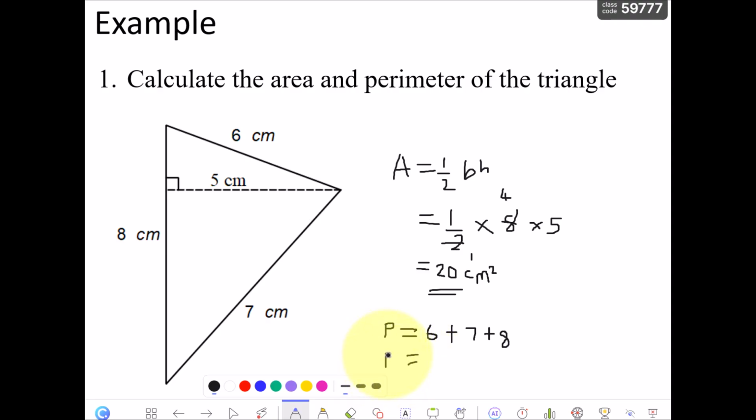This will give us 13. Then we now have 13 plus 8. So this one will give us 21. So take note of that. 6 plus 7, 13. 13 plus 8 will give us 21. Don't forget, perimeter does not have square. It's just cm. It's a single length. So this is the simple calculation to this.